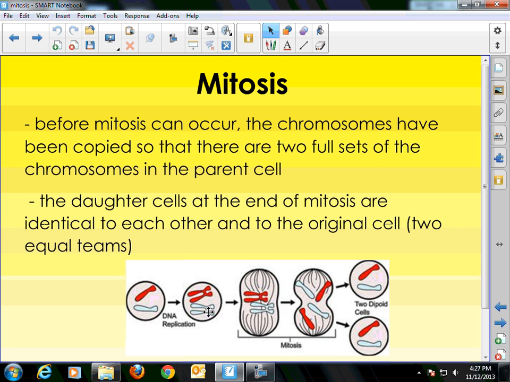Right before the cell divides, we see this X-shaped structure called the chromosome, and that is the two pieces of DNA that have been copied. So an X-shaped chromosome is actually made of two different pieces. The daughter cells at the end are going to get one of those two chromatids, pieces of the chromosome, so that the end product, the two daughter cells, are identical to each other, and they're identical to the original cell.